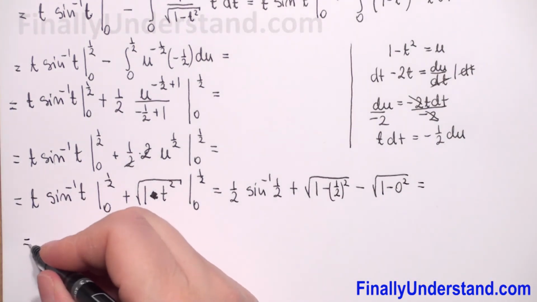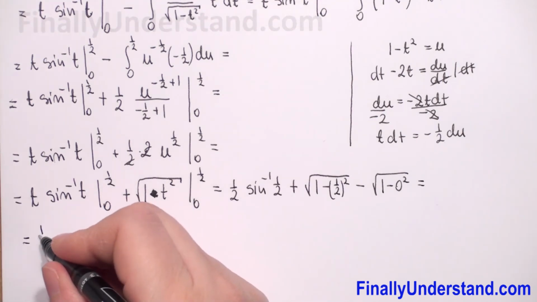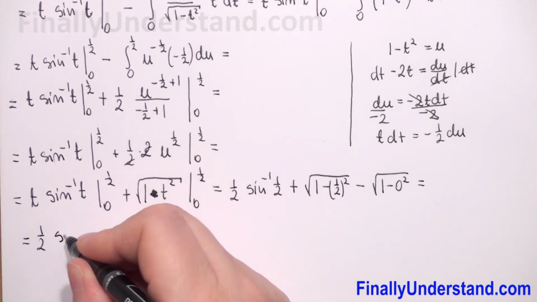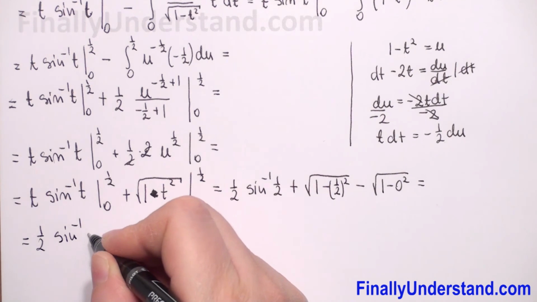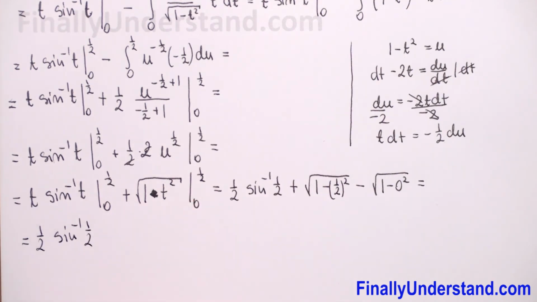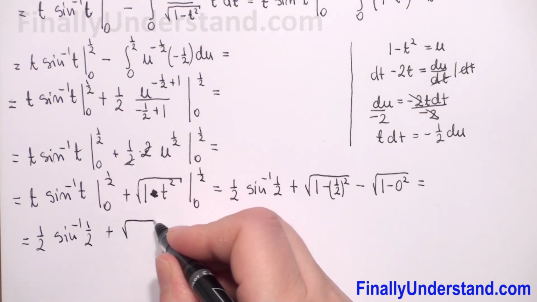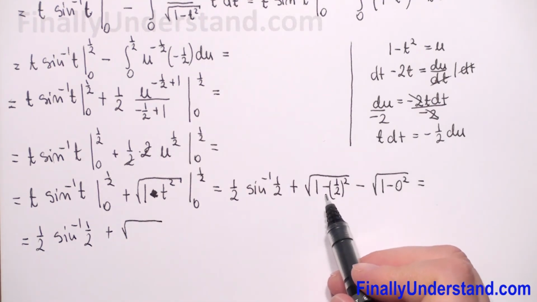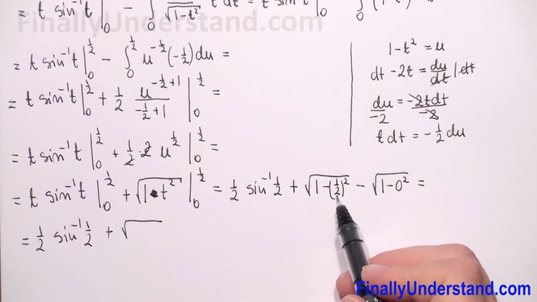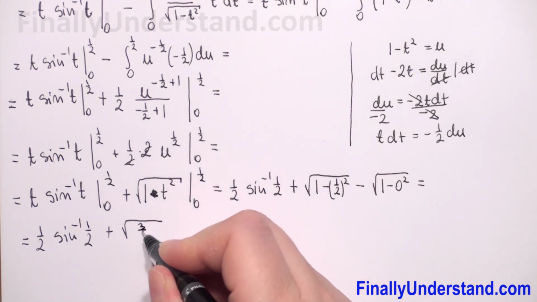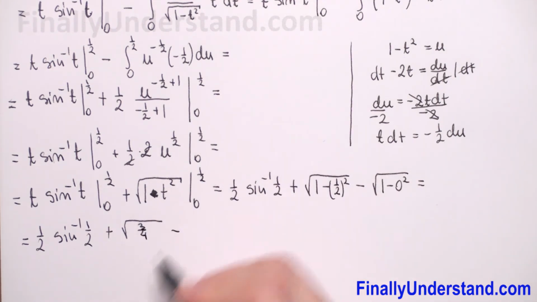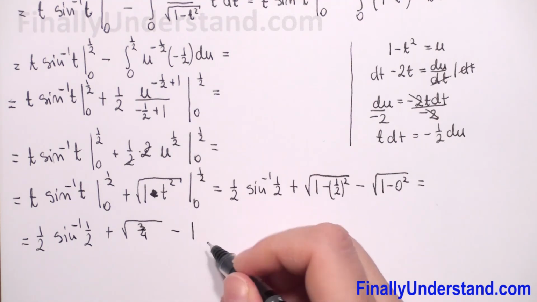So this is equal to 1/2 inverse sine of 1/2 plus the square root of 1 minus 1 over 4, which is 3 over 4, minus the square root of 1, which is 1.